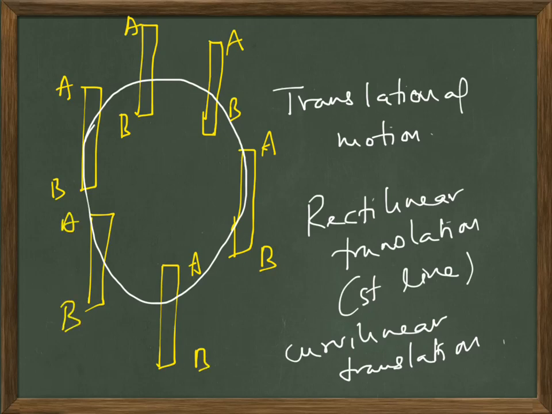Now the important point in translatory motion is, if you observe the velocity of all the particles at some instant, they will all be the same, because all the particles are trying to move in the same direction.